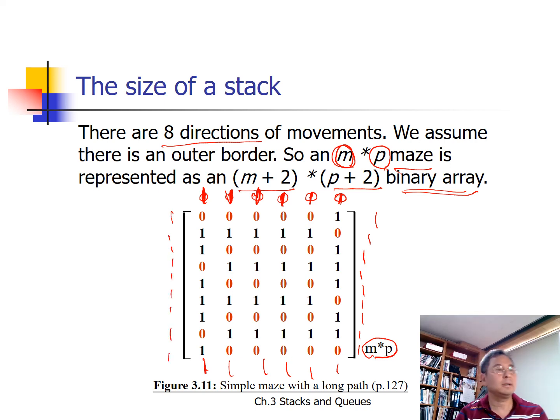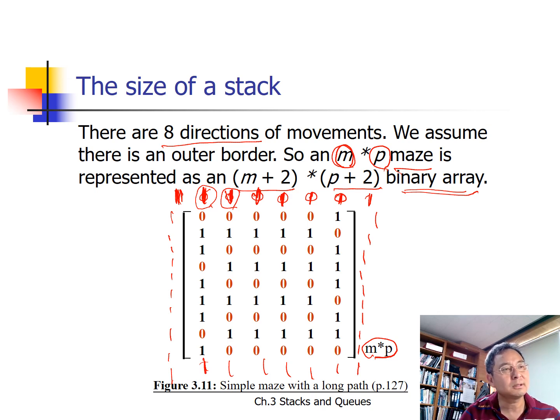Yes, if we surround the maze by using 1, that means that they cannot go to the outside, because every value in here, okay, this one also should be 1, this one also should be 1, and this one also should be 1. So they cannot go outside of the maze, because every boundary is filled with walls, or filled with ones.